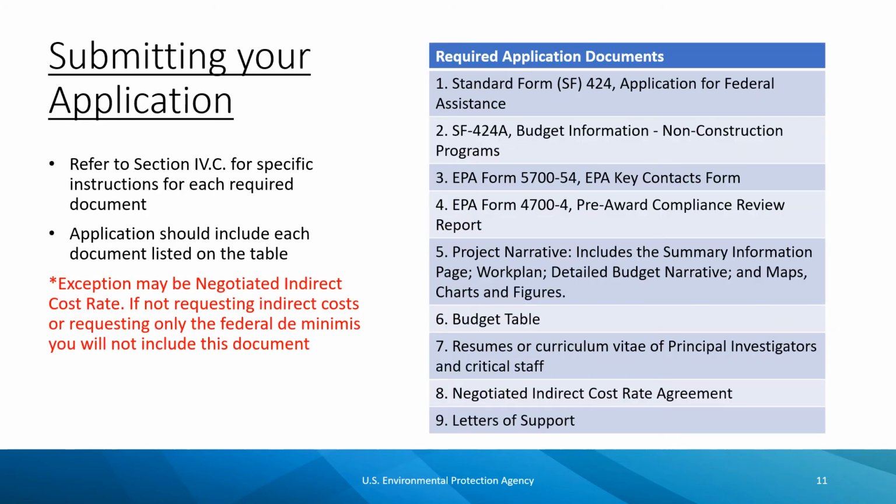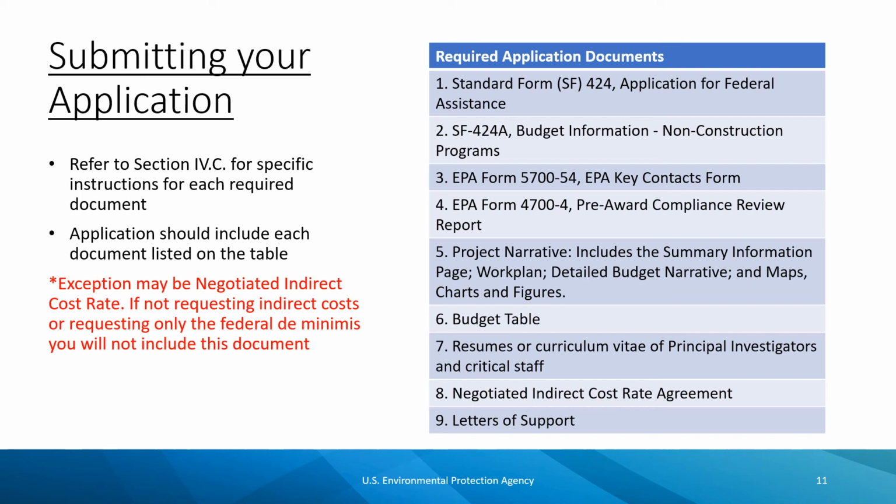Next, we will discuss submitting your application. Refer to Section 4C for detailed instructions for each required document that is shown on this table. These documents include the SF-424, or Application for Federal Assistance, the SF-424A with the budget information, EPA Form 5700-54, the Key Contacts Form, EPA Form 4700-4, or the Pre-Award Compliance Review Report.